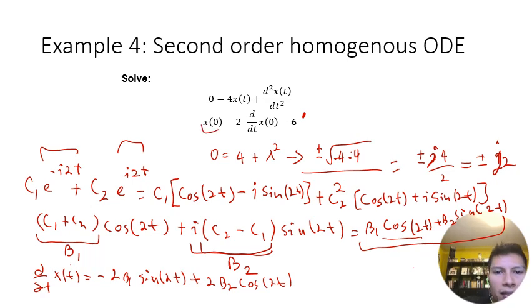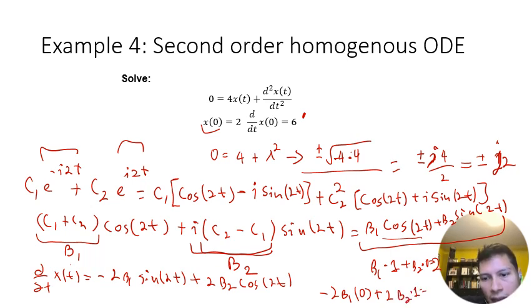And now we can just apply initial conditions. So we have that x of 0 is equal to 2. From this, we're going to get that b1 times 1 plus b2 times 0 has to be equal to 2. And from the second equation for the derivative, we're going to get negative 2b1 times 0, which is the value of sine at 0, plus 2b2 times 1 has to be equal to 6.